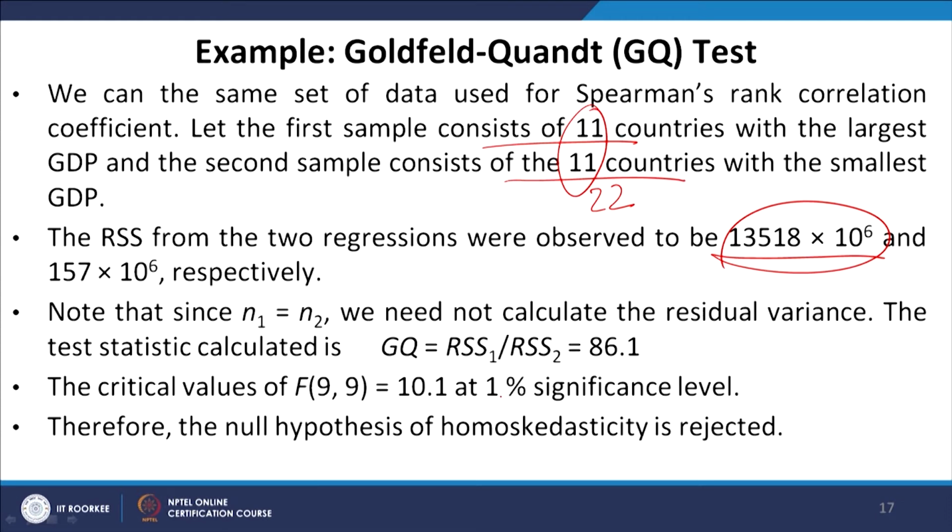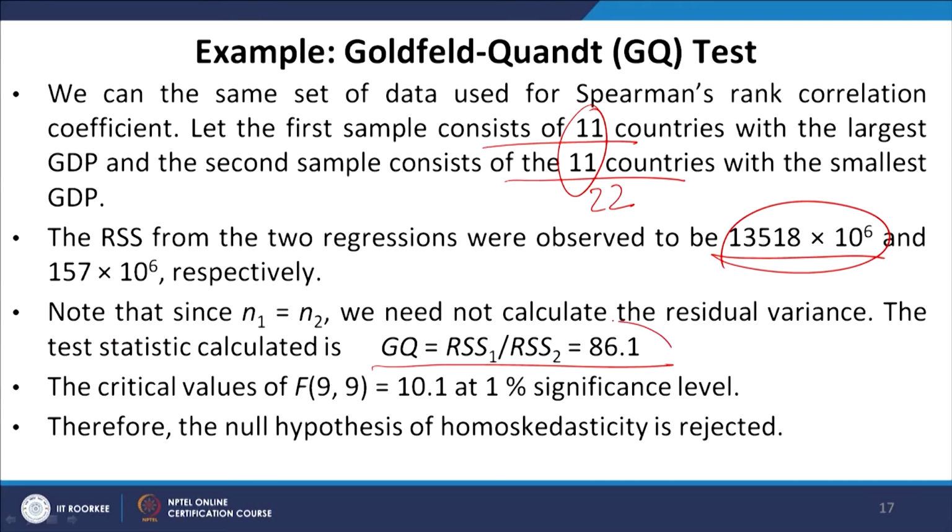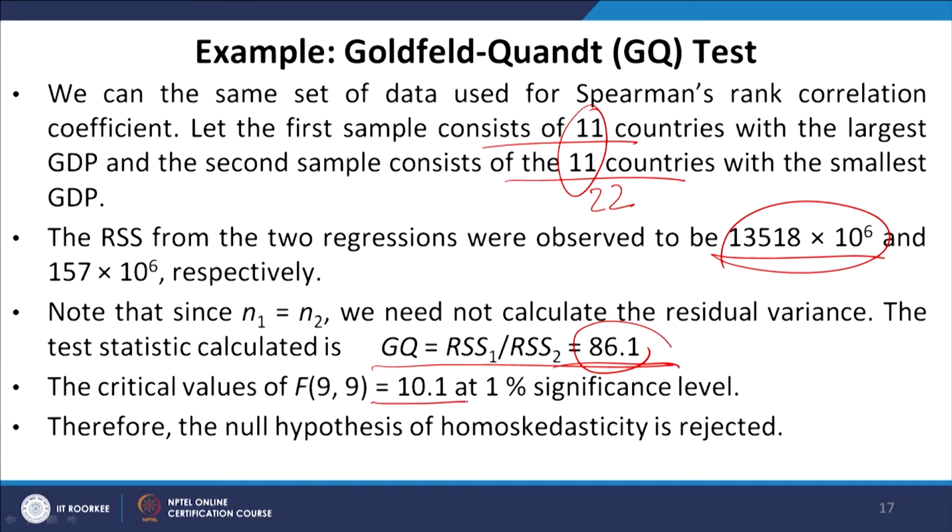So, what we simply do is go for RSS 1 divided by RSS 2, because in both cases we have n1 minus k and n2 minus k in the denominators, and since they are the same value, they cancel out, and we observe a GQ value of 86.1. The critical value of the F statistic with the degrees of freedom equal to 9 is 10.1 at 1% significance level. Therefore, the null hypothesis of homoscedasticity is here also rejected, right, because the calculated value of the statistic is much higher than the critical value.